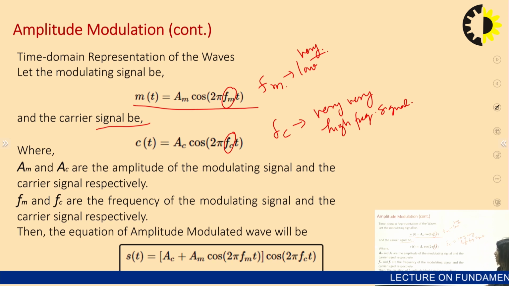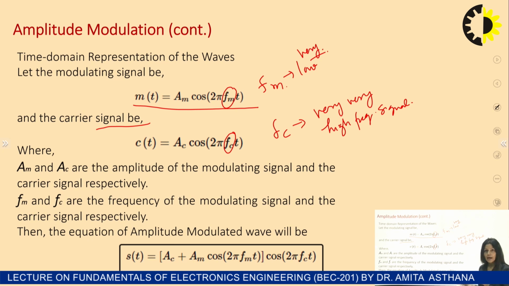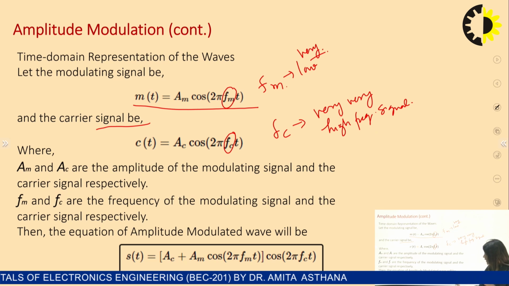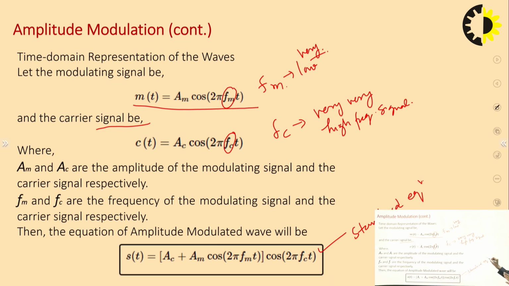While doing the modulation, we pass it through the square law modulator, and then we pass it through the band pass frequency selector filter. The resultant wave, the amplitude modulated wave, comes out like this, and this is the standard equation of AM, amplitude modulation.